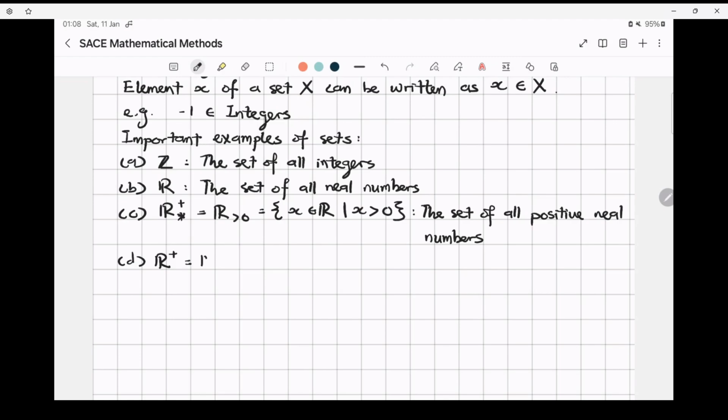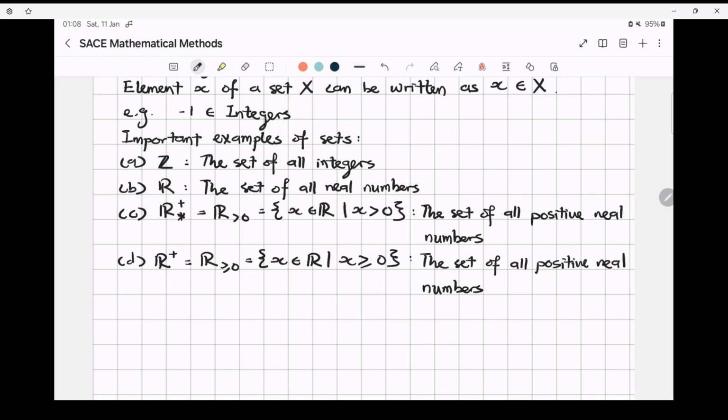R plus can also be written as this symbol, and as you can guess, this is all x in R such that x is greater than or equal to 0. By definition, this is the set of all positive real numbers, and this time including 0.